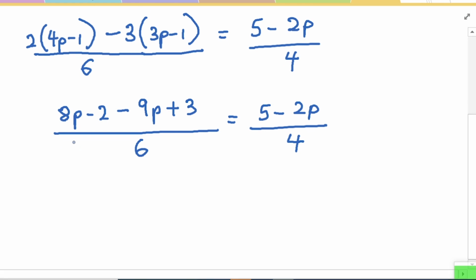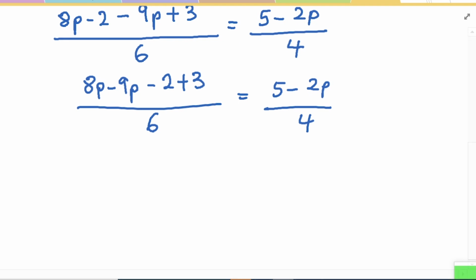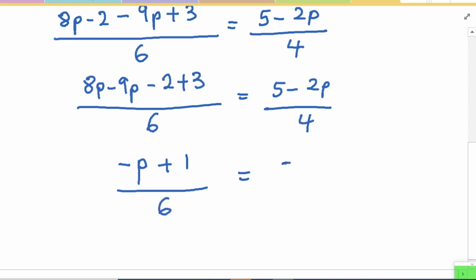This becomes 8p minus 9p, minus 2 plus 3, divided by 6, giving us 5 minus 2p divided by 4. What is 8 minus 9? That is going to give us negative 1. So it's 8p minus 9p, which is negative p. Negative 2 plus 3 gives us plus 1. Over 6 is going to be 5 minus 2p over 4.